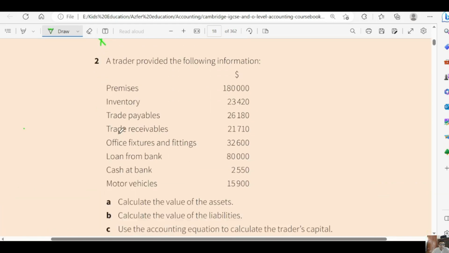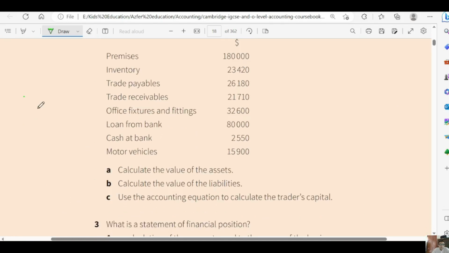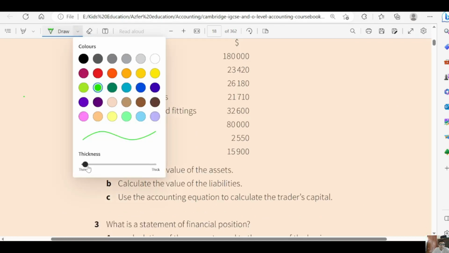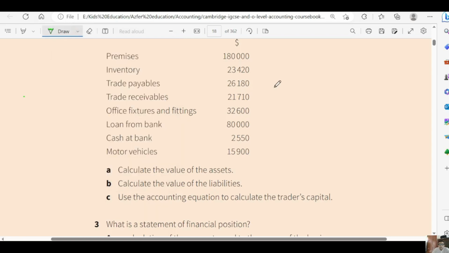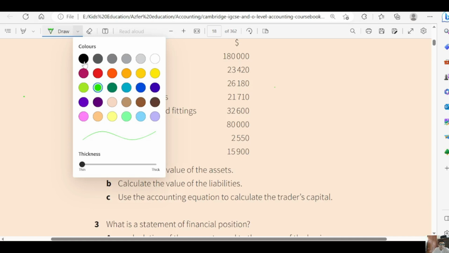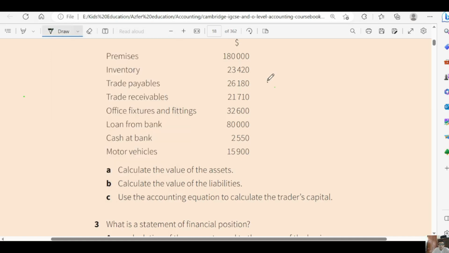A trader provided the following information. Premises 180,000. Inventory 23,000.